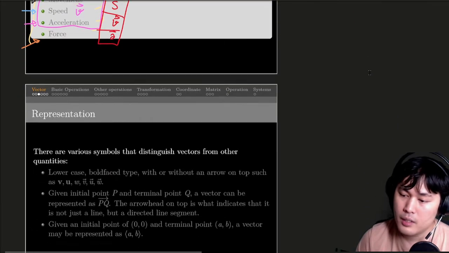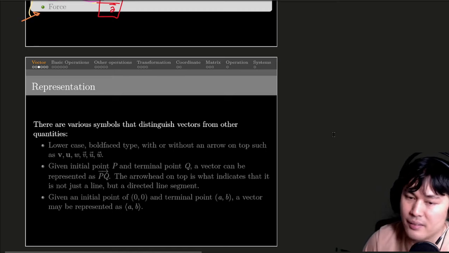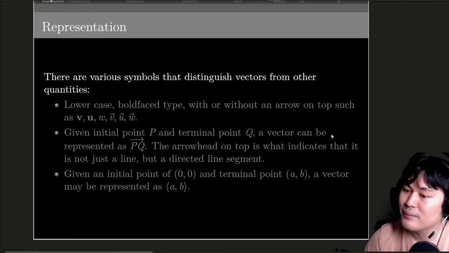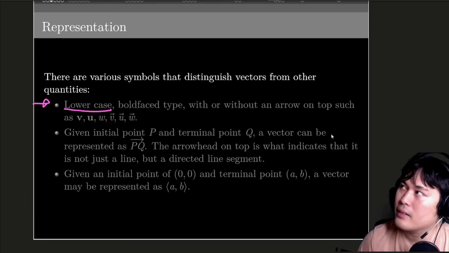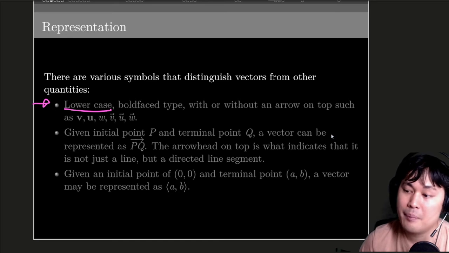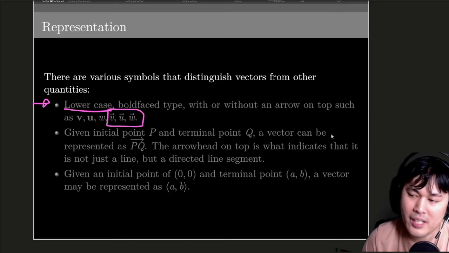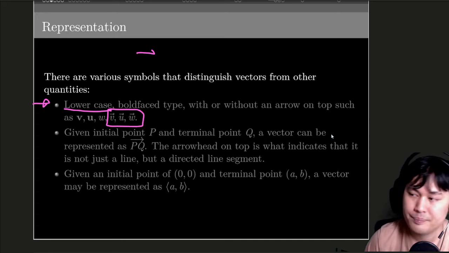And then we have both the mathematics and the computer science. Sorry about the bad text. But first we usually represent it as a lowercase letter. It depends on the textbook, but I prefer using these three notations because it has an arrow on top. It's pretty clear that if you see an arrow, you should think about a vector.